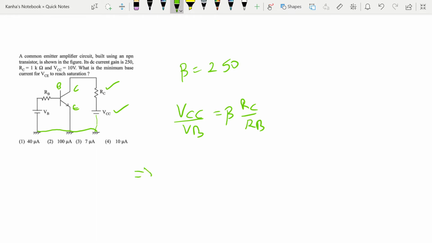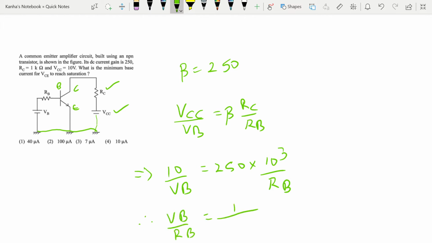So that implies 10 by VB is equal to 250 into 10 to the power 3 by RB, or VB by RB is equal to 1 by 25 into 10 to the power 3, which is equal to 40 microampere. So this should be clear to you from this question.